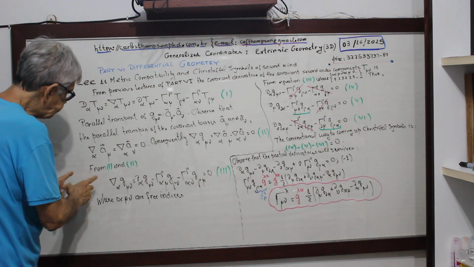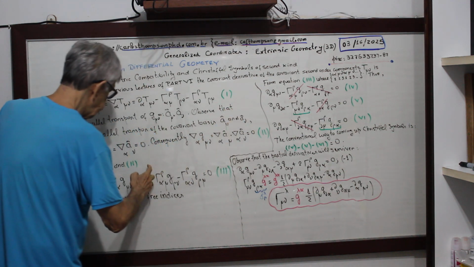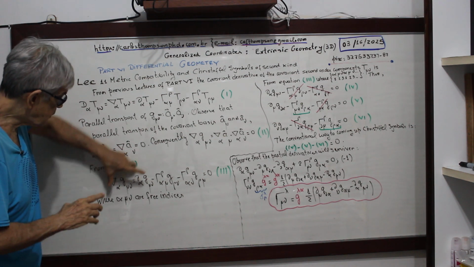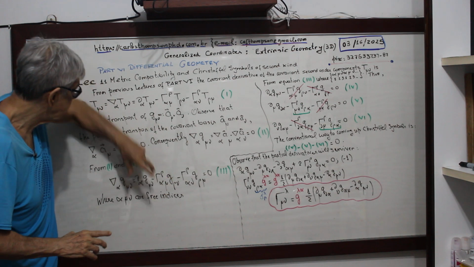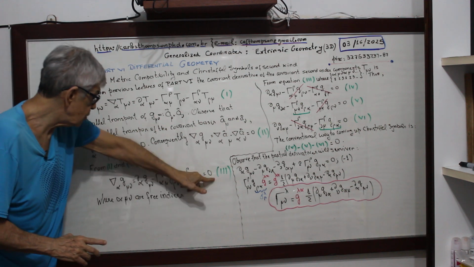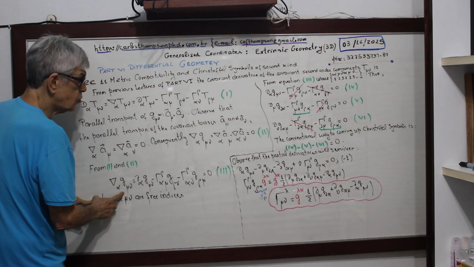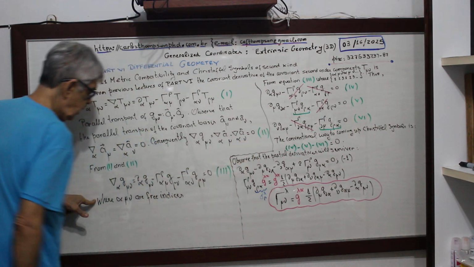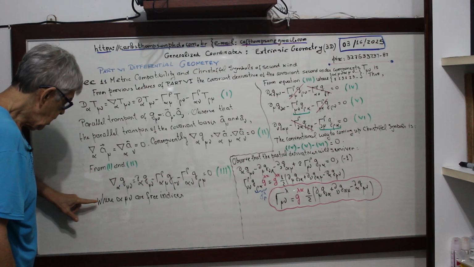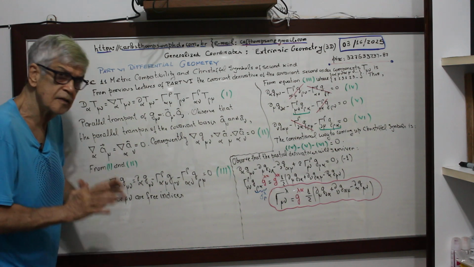Now, from equation 1 and equation 2, the covariant derivative of g_μν is just a copy from here. You set it equal to 0, since this relation was obtained from relation 2. Attention now: α, μ, ν are free indices.